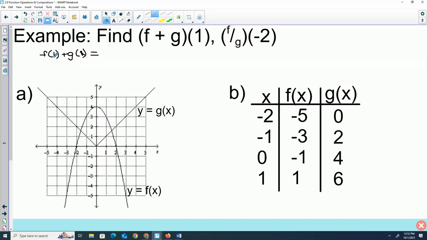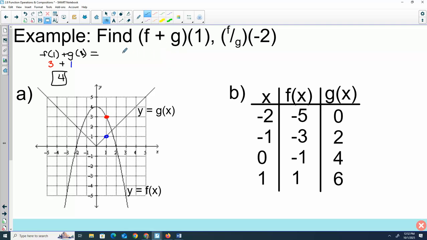This is saying if x is 1, what's the y value? So f here is this upside down parabola. When the x is 1, what's the y value on that graph? Okay, so then, we've got 3 for that one. G of 1. So when x is 1, what's the y value of g? So 3 plus 1 gives me 4.